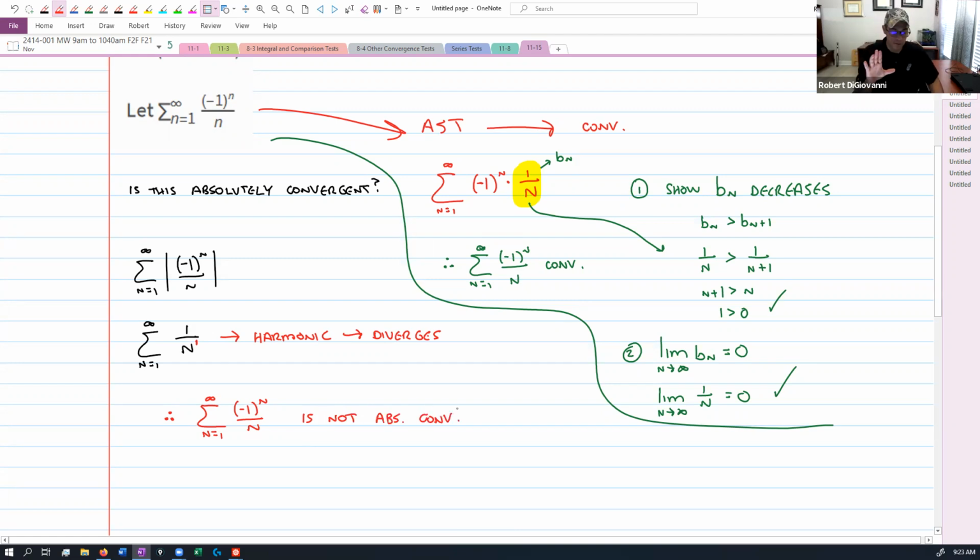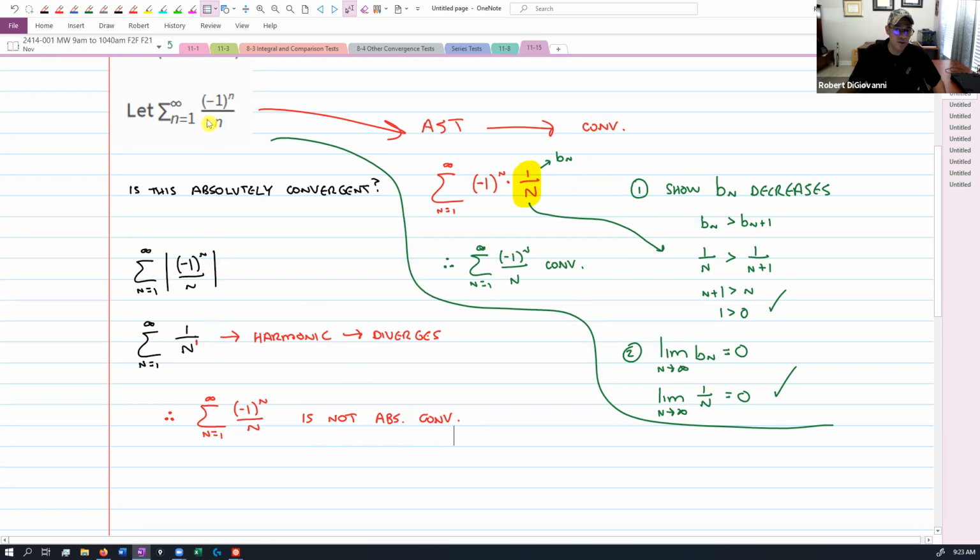Now, be so careful with this, because the absolute value, this thing, it diverged. That does not mean the original series diverges. That's not what it means. It just means that the original series is not absolutely convergent.